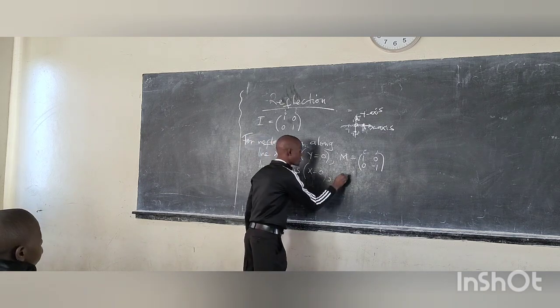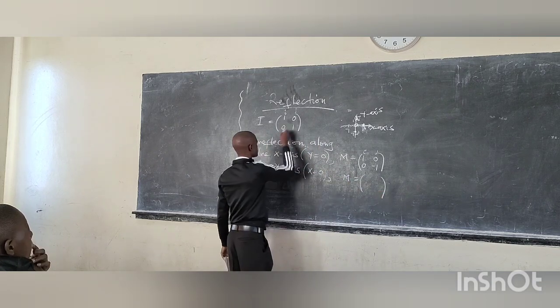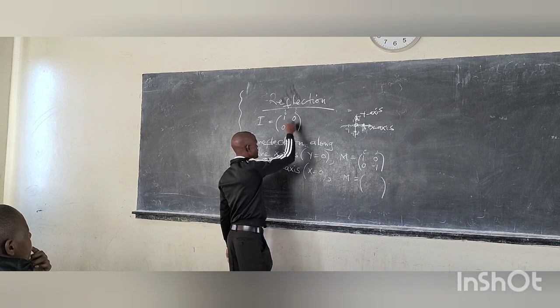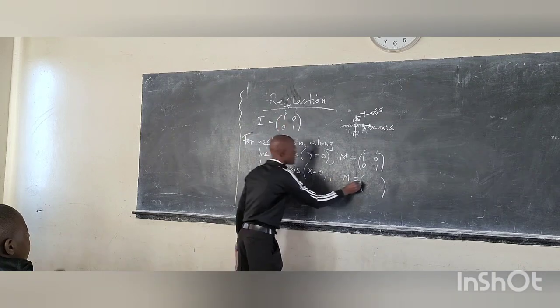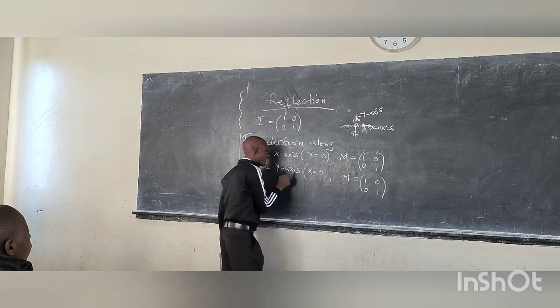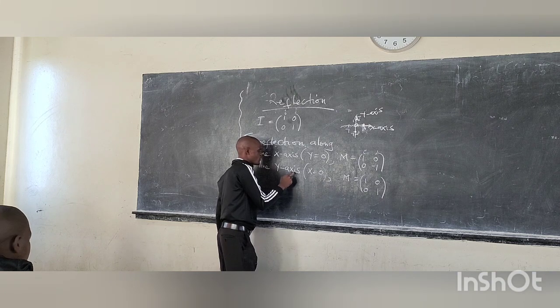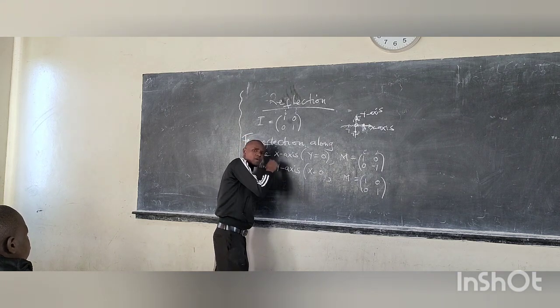And you remember that now we are dealing with the reflection along the y-axis. For reflection along the y-axis, the elements in the identity matrix remain the same: 1, 0, 0, 1. But what is special about the matrix of reflection along the y-axis is that a point sitting on the y-axis doesn't do what? Change.